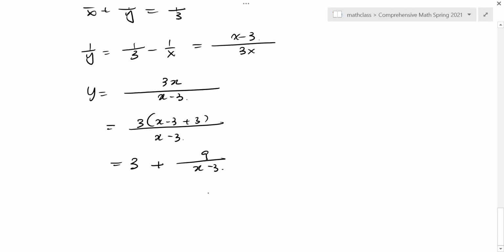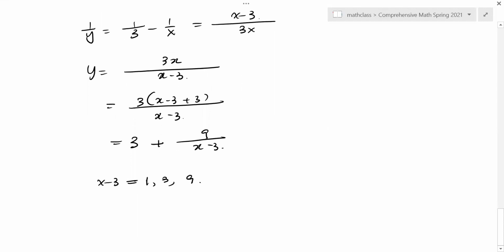From here, you can tell that 9 should be divisible by x minus 3, so x minus 3 is 1, 3, or 9. Those are the possible 3 solutions. In this case, x is going to be 4, 6, and 12.